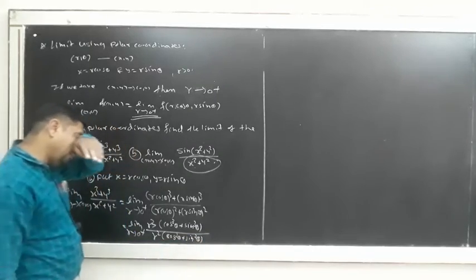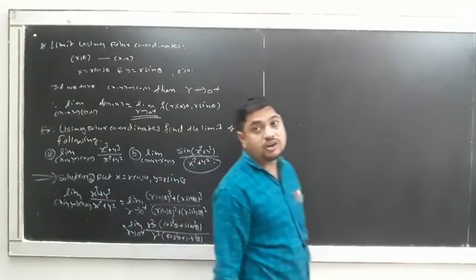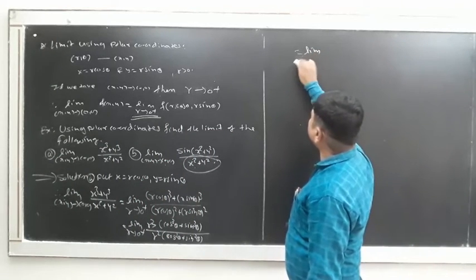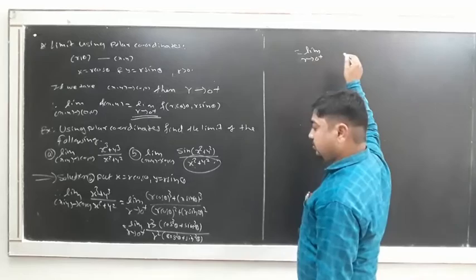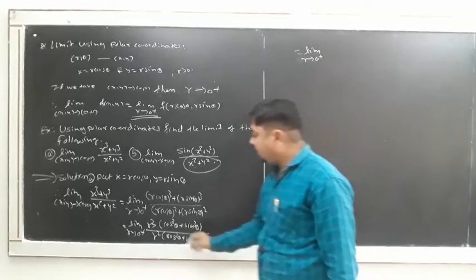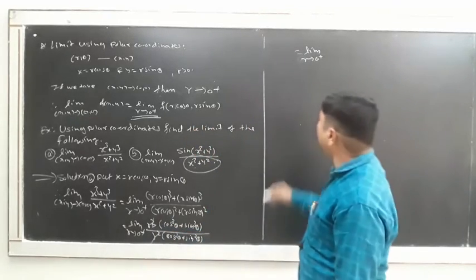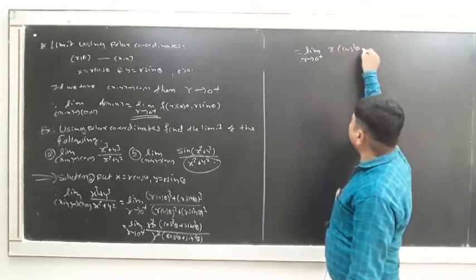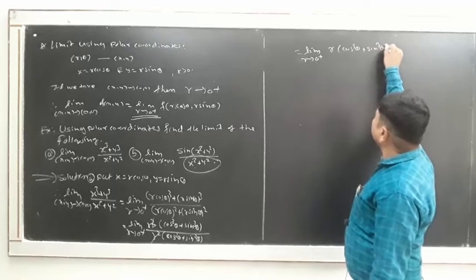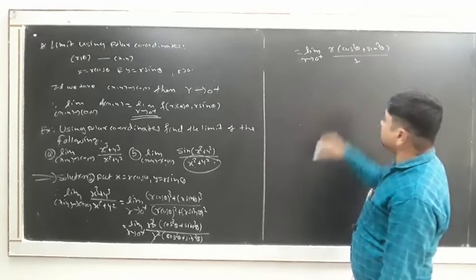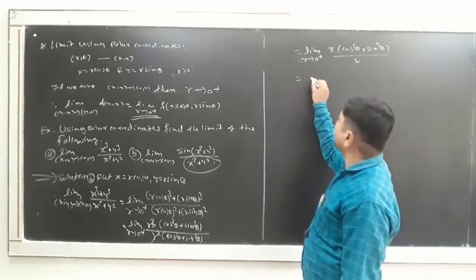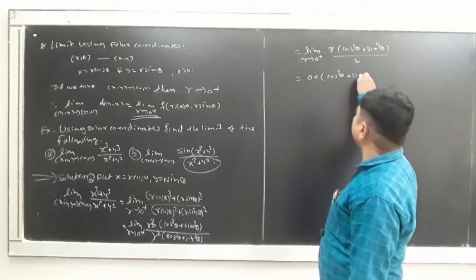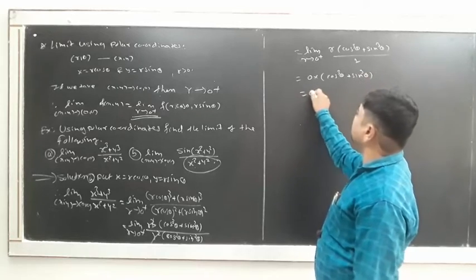Now cos square θ plus sin square θ is equal to 1. Then the limit as r tends to 0 plus: this r square cancels with r cube, so remaining r into (cos cube θ plus sin cube θ) upon 1. That is 0 into (cos cube θ plus sin cube θ), and this should be 0.